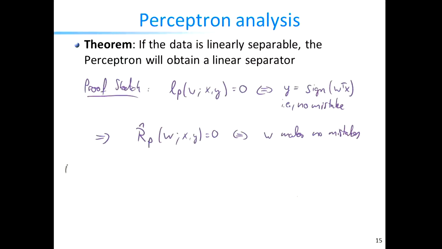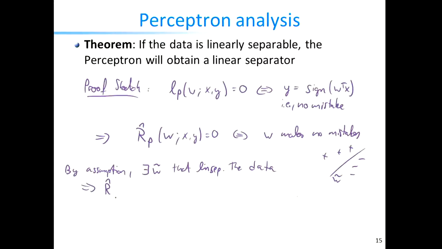And now, of course, by assumption, there exists some w tilde that linearly separates the data. So that's the existing one, it makes no mistakes, so it means that R hat of p of w tilde is 0.